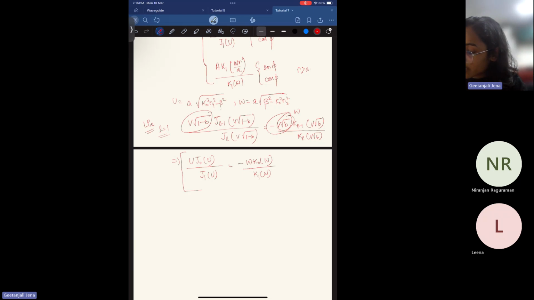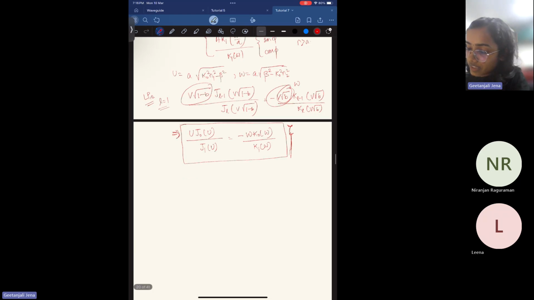To find the solutions for the LP1 mode using any software, you need to implement this formula. For LP12, you need to use this. For the fundamental mode, it would be different. So just find the transcendental equation corresponding to that mode and define the parameters for that. Then you can easily find the total number of modes and the propagation constant for that mode. We'll see in this session.